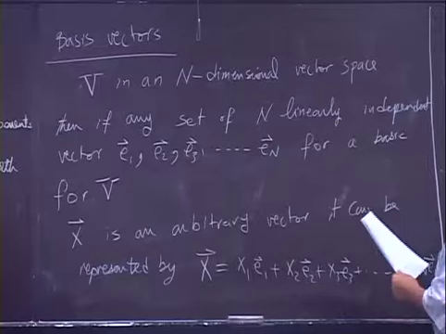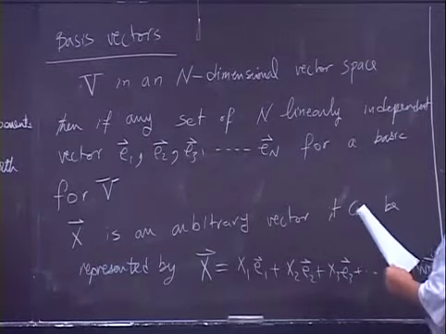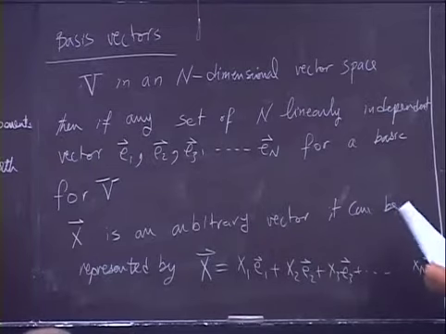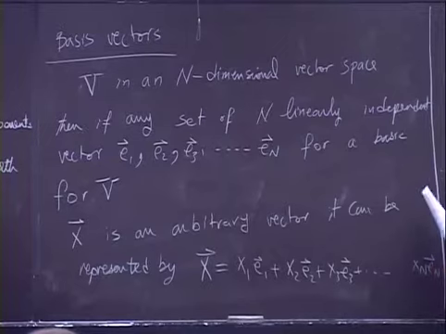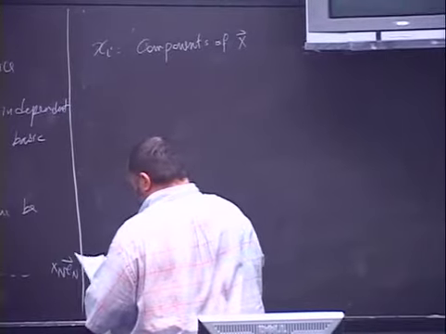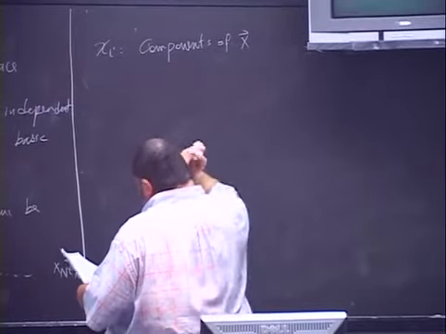So xi are the components of vector x, with respect to, of course, ei.